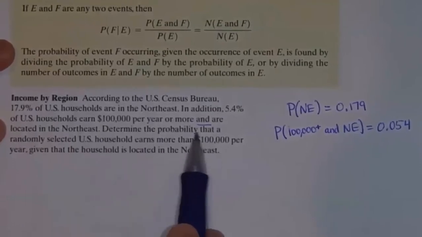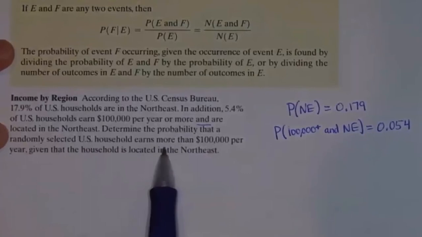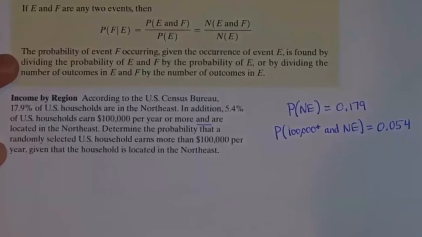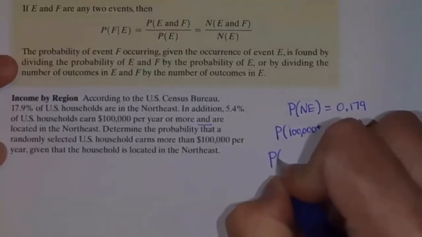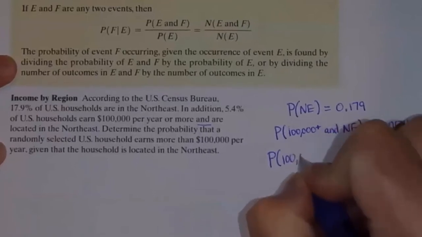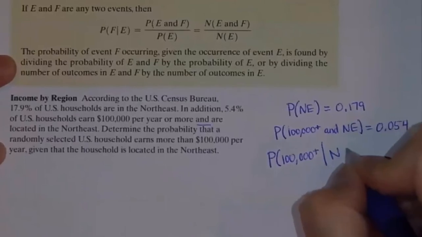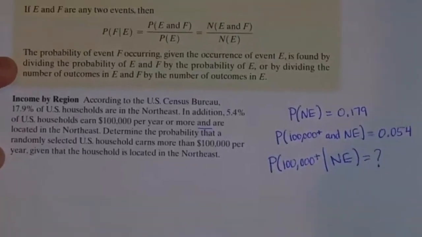We want to determine the probability that a randomly selected U.S. household earns more than $100,000 per year, given that the household's located in the Northeast. So we want to find the probability of 100,000 or more, given that the household is in the Northeast. This is what we're being asked to find.